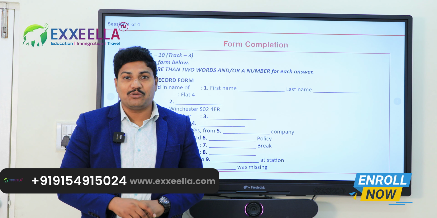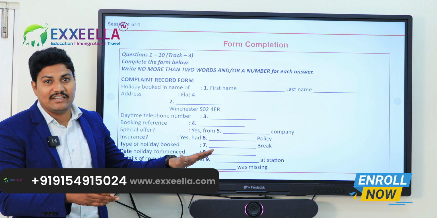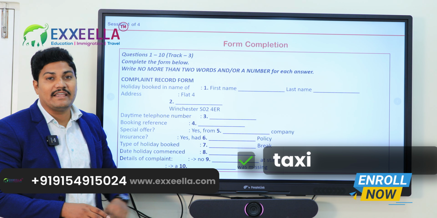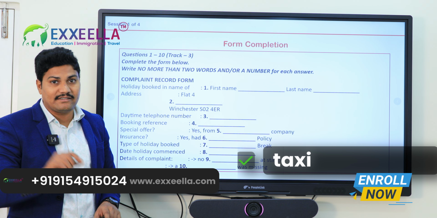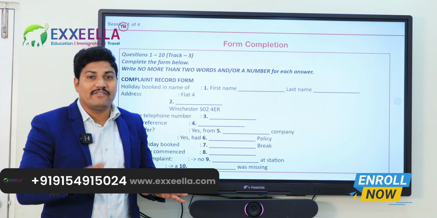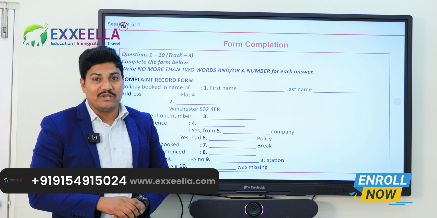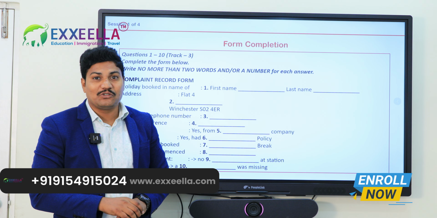And coming to the ninth question, when they arrive at the station, there is no taxi. So that is the answer for the ninth one: TAXI, taxi. And the 10th one, they were to provide 4 bicycles, but 1 bicycle was missing. So the answer is bicycle. BICYCLE is the answer for the 10th one. These are the answers for this question.